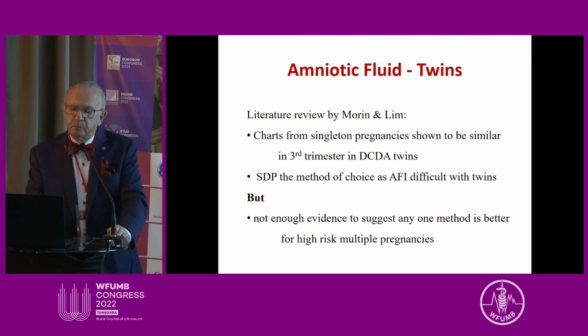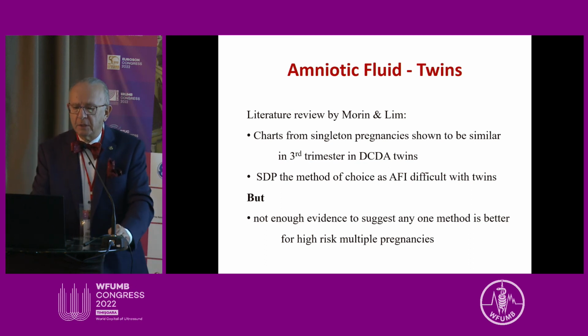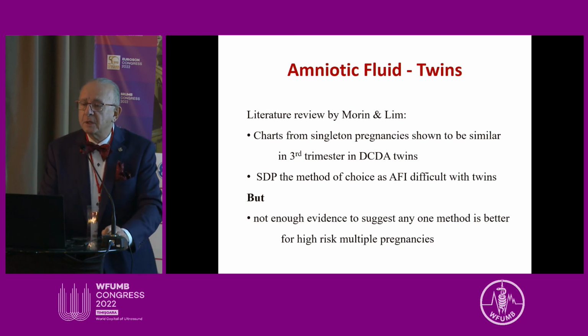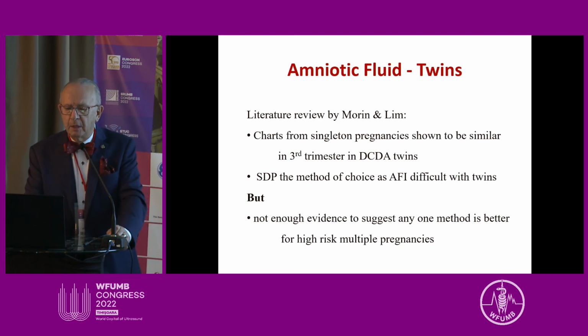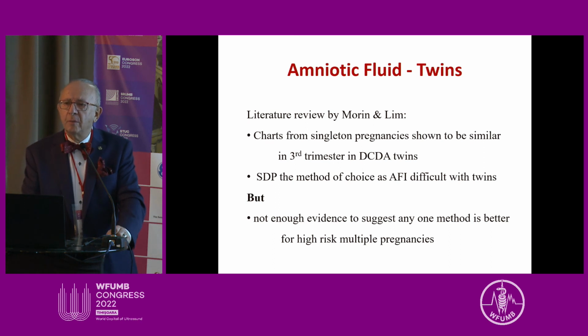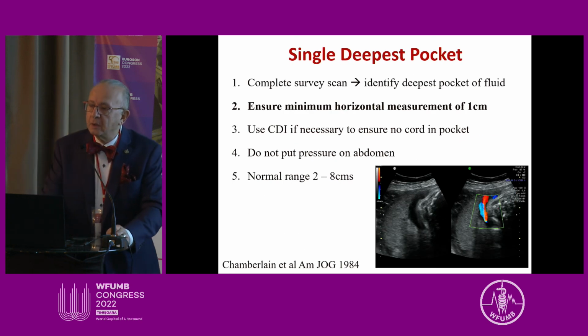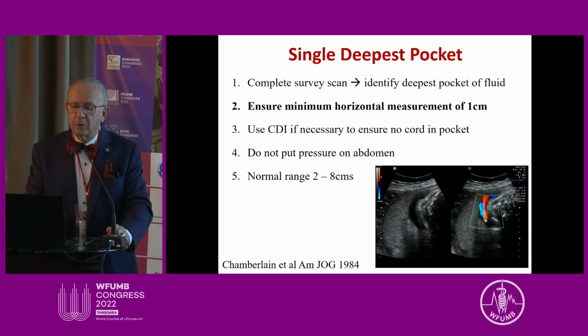Amniotic fluid, we use the same charts as singleton fetuses. The single deepest pocket is the best choice because AFI is difficult to do. And really, in the literature, there's no method that seems better than the other, but single pocket is easier to do, and therefore, this is certainly what we do.